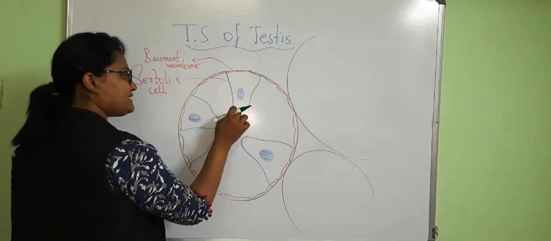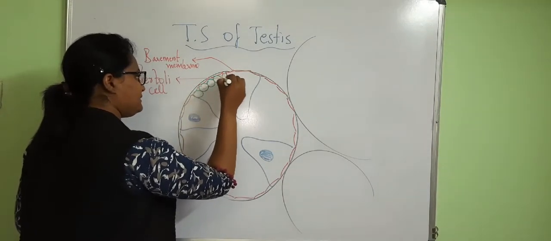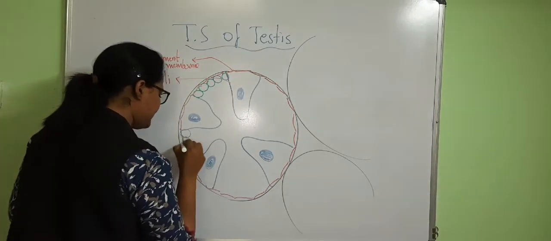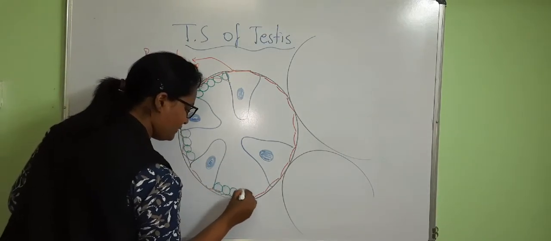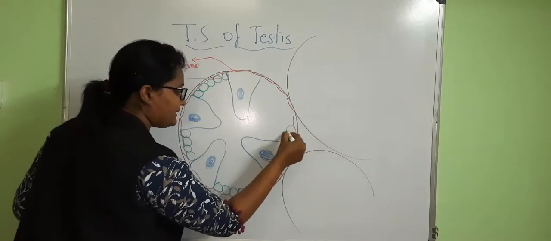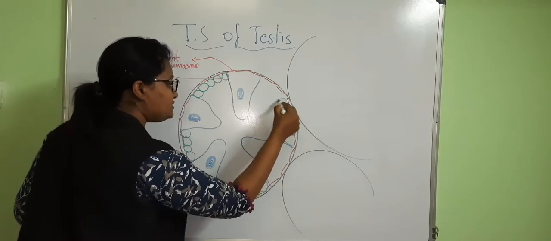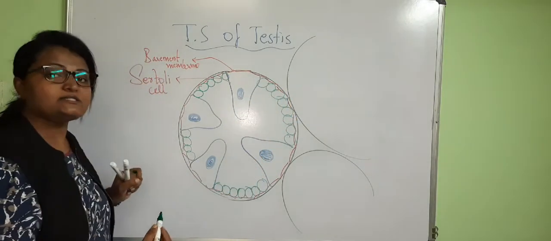One, they are lined by Sertoli cells, another, they are lined by male germ cells, also called gonial cells. Those are called spermatogonial cells, which are germ cells, the ones which undergo the spermatogenesis process.